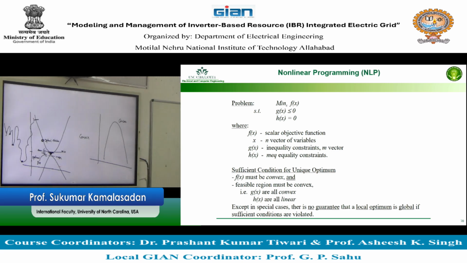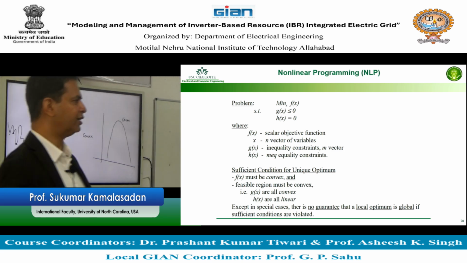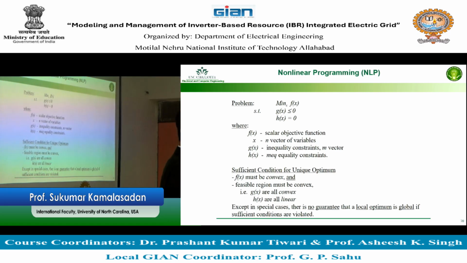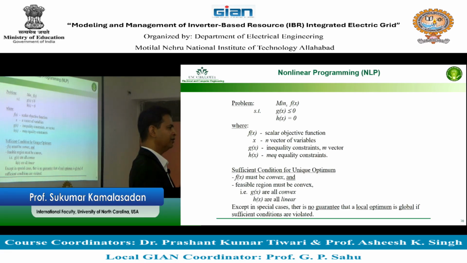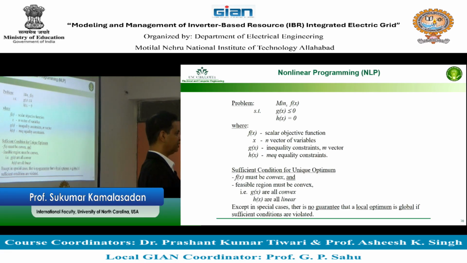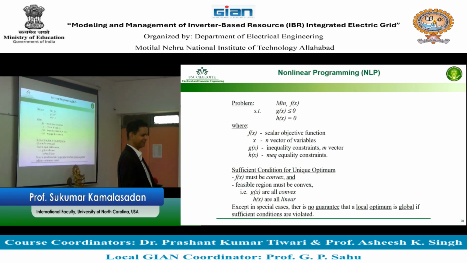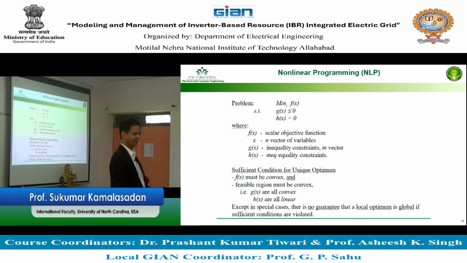So then there is another term in the optimization world, people call it sufficient condition. Okay. There are two words, sufficient condition and necessary condition. Do you know the difference between those two? Necessary conditions are obviously necessary. You must have that condition taken care of.